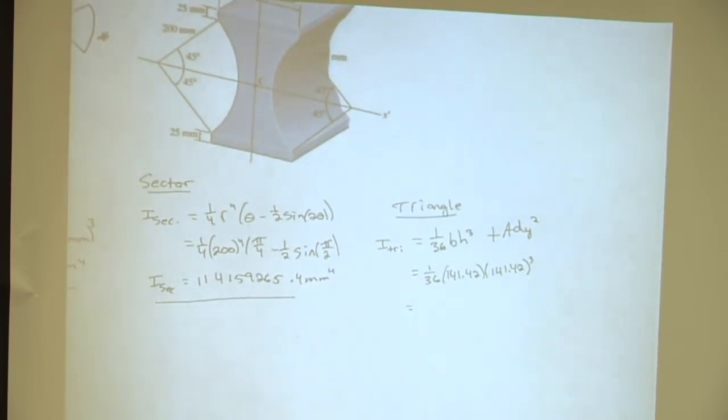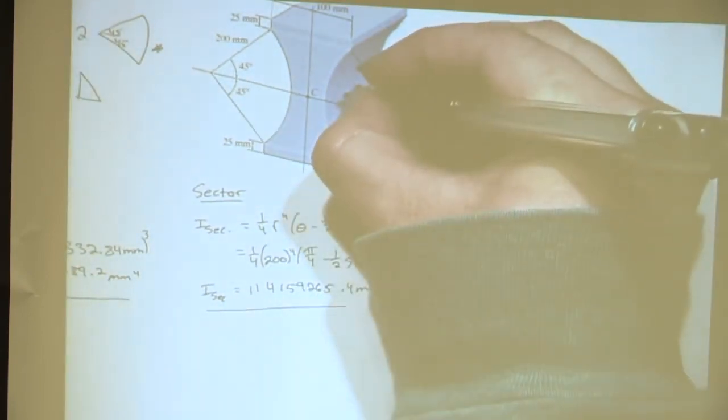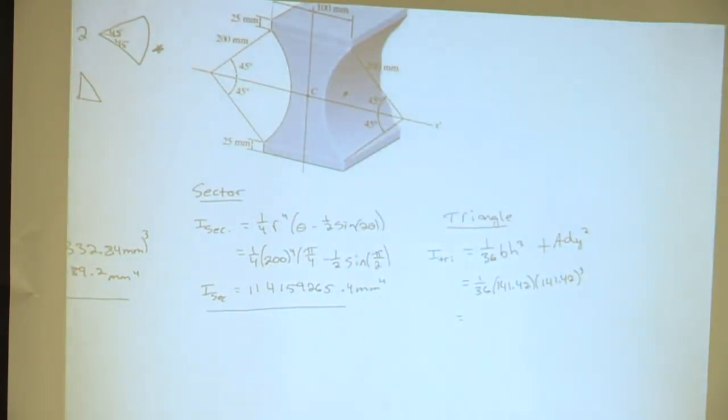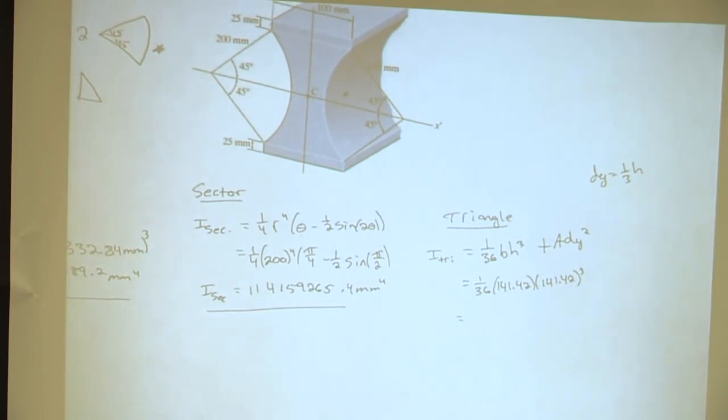Distance from where to where? It's the distance from the x-axis to the centroid. Now, where's the centroid of a triangle? How do we know where that is? 1/3 of it. Okay, awesome. So we know it's 1/3 of the height.